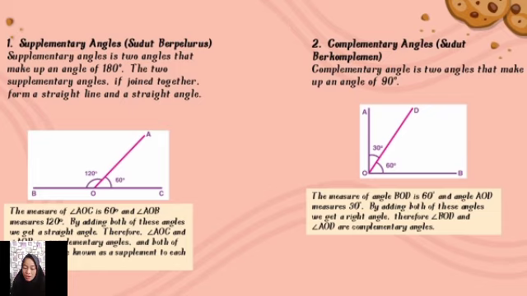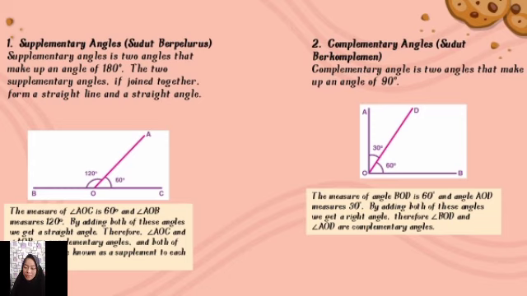The measure of angle AOC is 60 degrees and angle AOB measures 120 degrees.